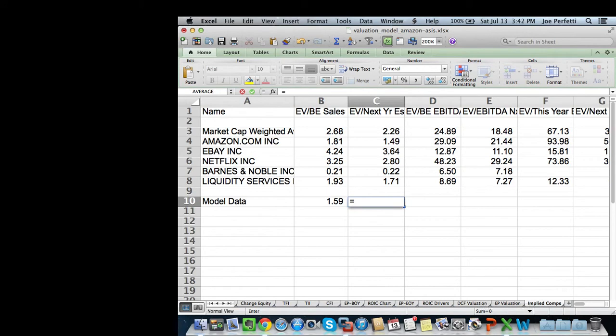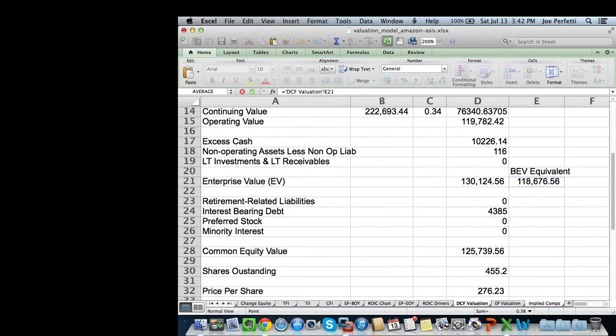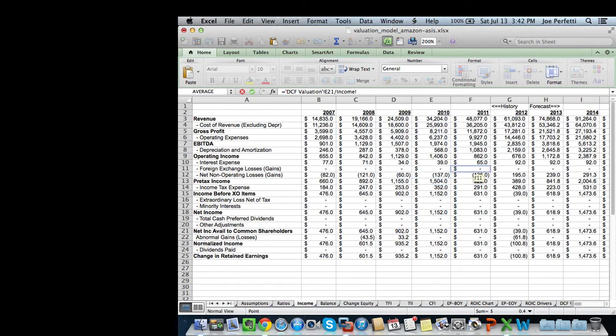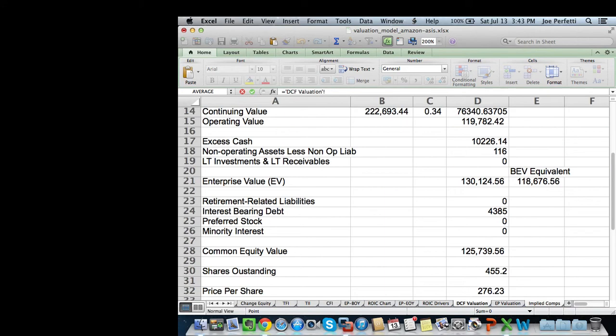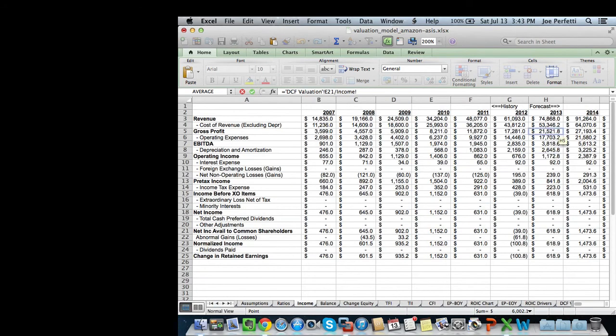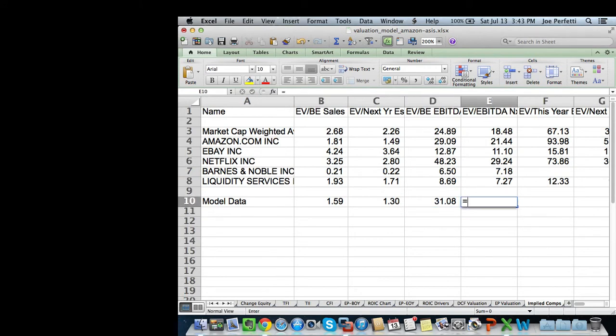Equals, from our valuation, enterprise value divided by sales 2, 2014. Equals enterprise value divided by, back to the income tab, 2013 for EBITDA. Equals enterprise value to EBIT.